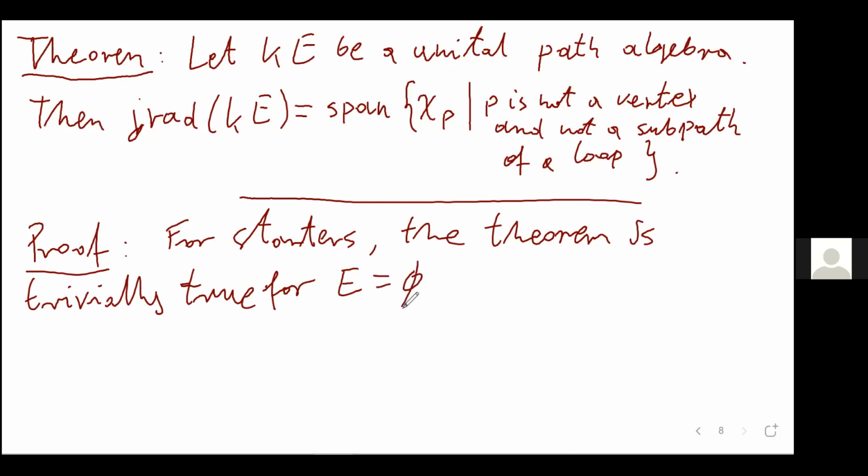Because then KE is just the zero algebra, and by convention the span of an empty set is zero, so the Jacobson radical is zero, and of course this is obviously true if you look into the definition, because we have just put zeros everywhere, and zero inverse is zero in the zero algebra. So this is trivially true. There is nothing to say. So we assume, for the sake of peace of mind, without loss of generality, WLOG, that E is not empty.